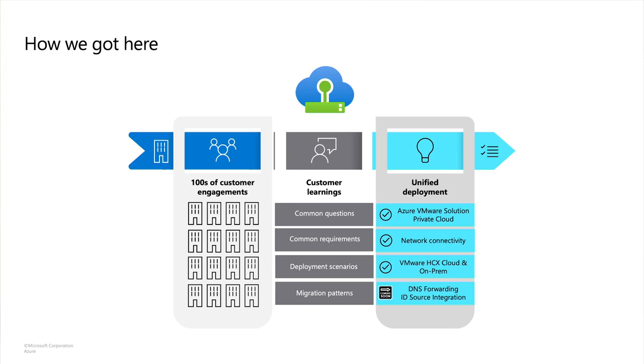And the one thing that we kept on seeing was a need for a unified deployment. And today with AVS, from the Azure portal, you can deploy AVS, but then there's some steps that you have to take after the fact, which means you have to do the network connectivity, and then you have to set up VMware HCX to do the migration.